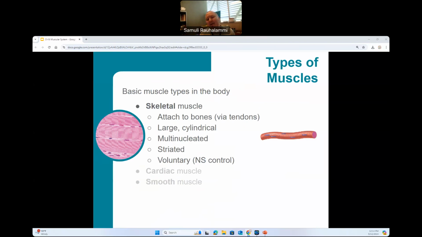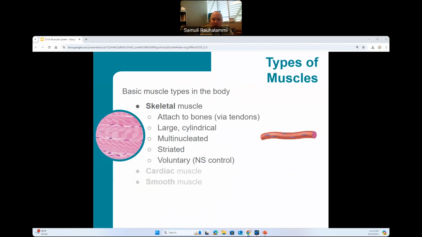If we look at an individual skeletal muscle cell, we'll see that it is a fairly long, fairly large, cylindrical shaped cell. These skeletal muscle cells typically have multiple nuclei. As a result of development, multiple cells fuse together to form that final skeletal muscle cell that we're studying here. And we typically see that those nuclei are located at the edges of the cell.